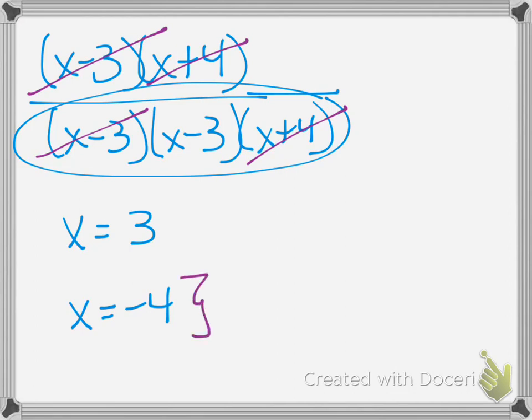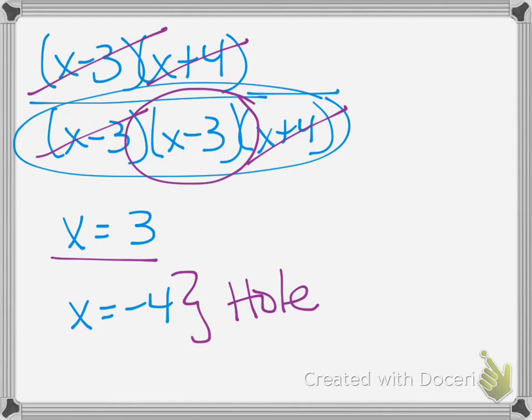So this x equals negative 4, excuse me, it's not a vertical asymptote. What am I doing? It is a hole, because those x plus 4's did eliminate. However, for x equals 3, there is an x minus 3 that was not able to be reduced, so that is considered a vertical asymptote.